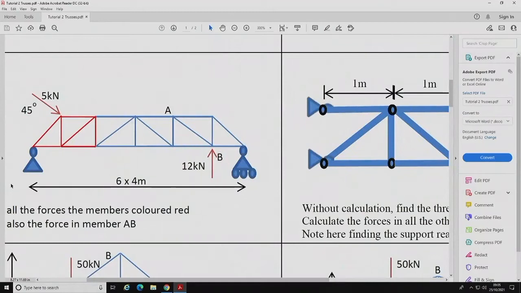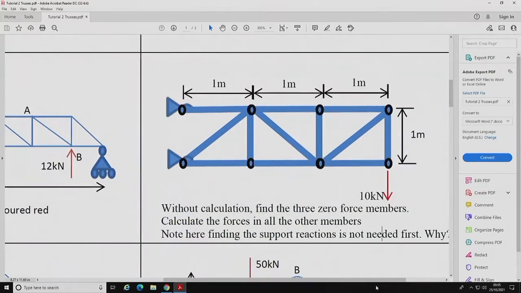Once you have got the reaction forces at the two supports, you can start with the left hand support point and use the method of joints to do all those members colored red. To get member AB, I would suggest taking a section at this point and considering just the right hand part, and that will give you the force in member AB. Possibly we'll look at that at this point as well.